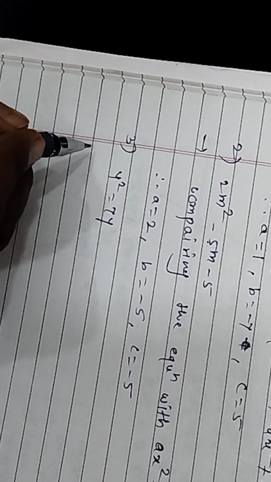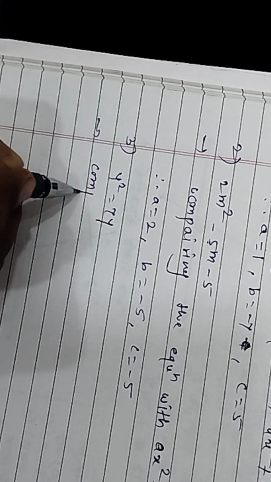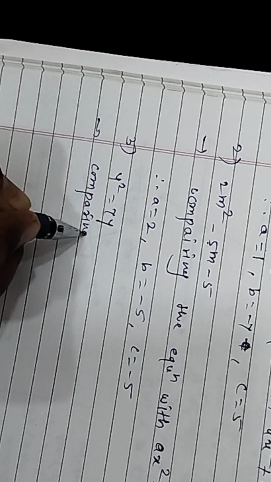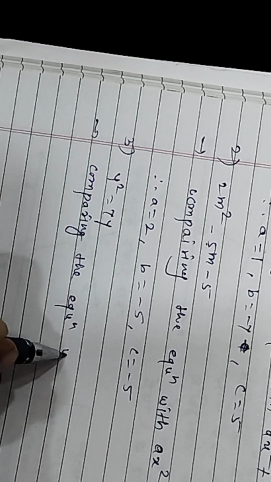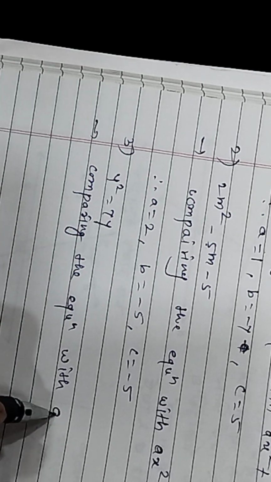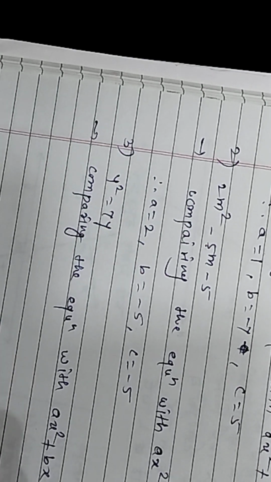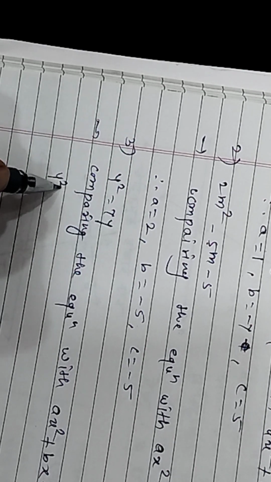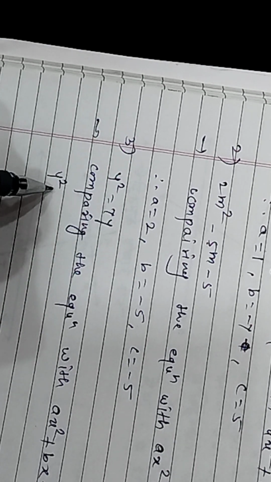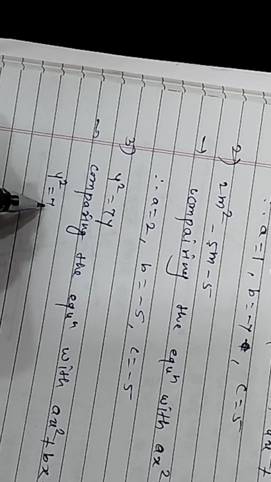Here compare this equation with the general form of quadratic equation, that is ax square plus bx plus c is equal to 0. We have to change this equation, written as y square is equal to 7y.